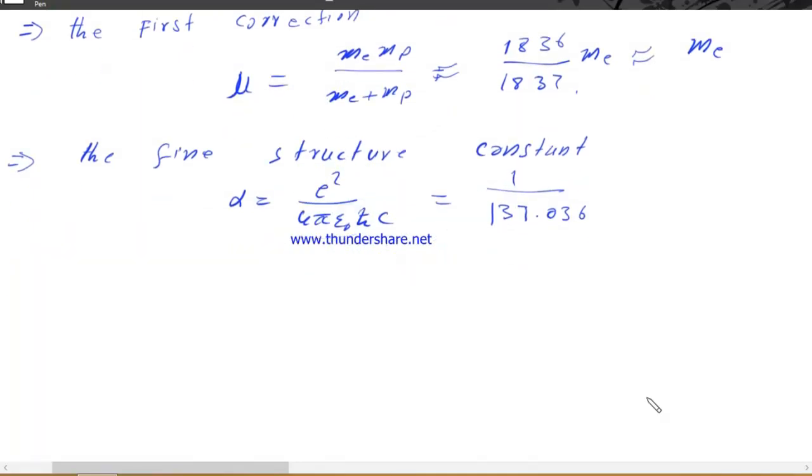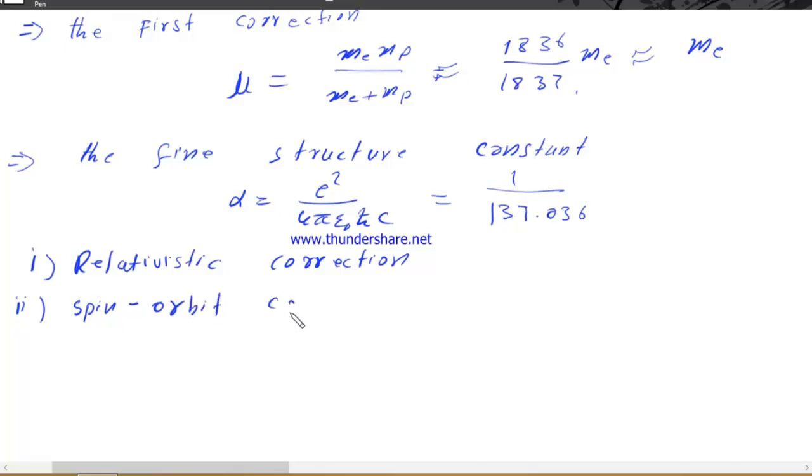Now the fine structure consists of two terms. The first term is the relativistic correction, and the second one is the spin orbit correction.